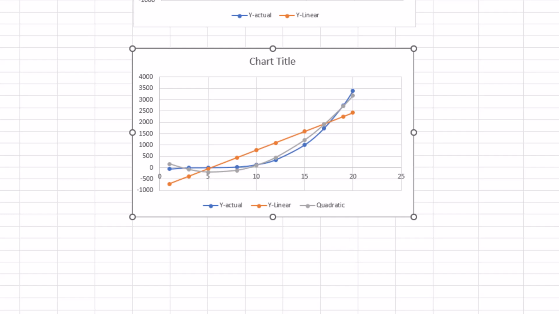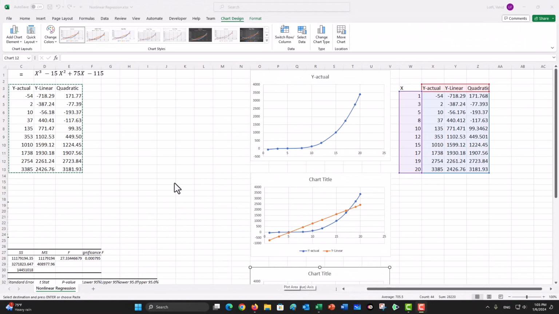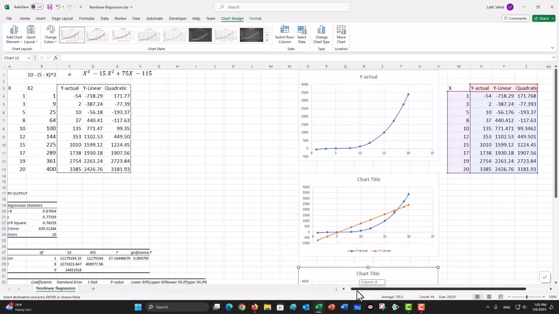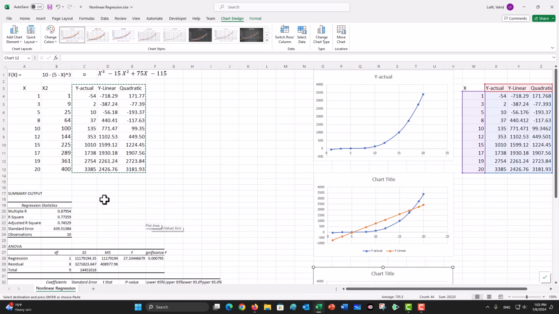At this point, we can just stop the analysis because we do not know the actual true functional relationship between the dependent and the independent variable, and the quadratic function fits pretty well.